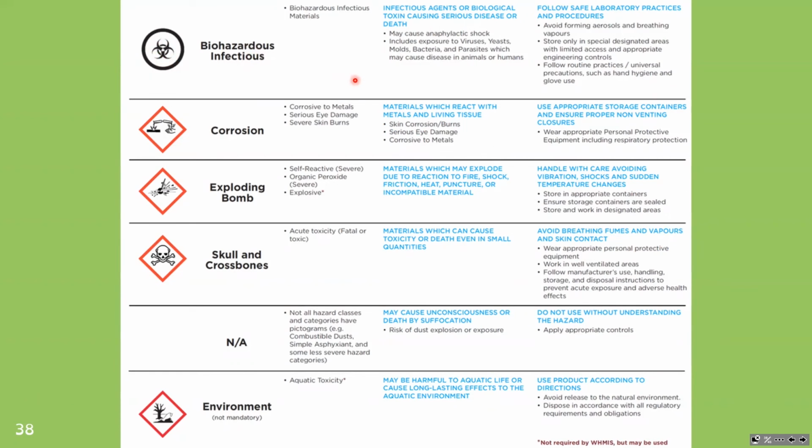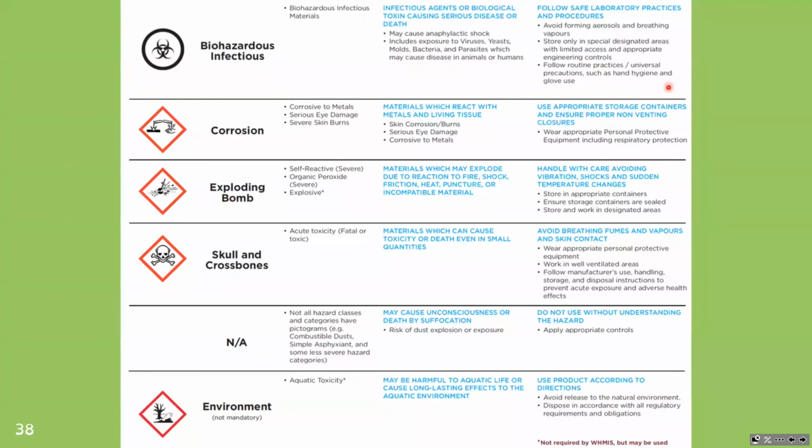The risks are infectious agents or biological toxins causing serious disease or death, and they may cause anaphylactic shock. They may include exposure to viruses, yeast, molds, bacteria, and parasites, which may cause disease in animals or humans. The safe handling is to follow safe laboratory practices and procedures, avoid forming aerosols and breathing vapors, store in special designated areas with limited access and appropriate engineering controls, and follow routine practices and universal precautions such as hand hygiene and glove use.